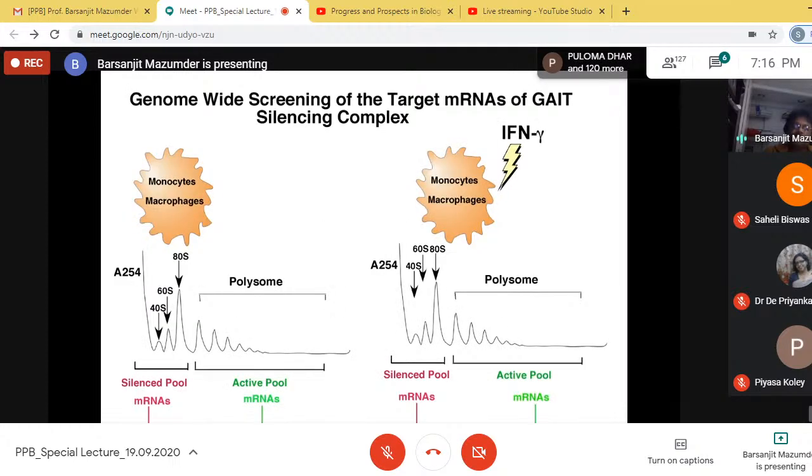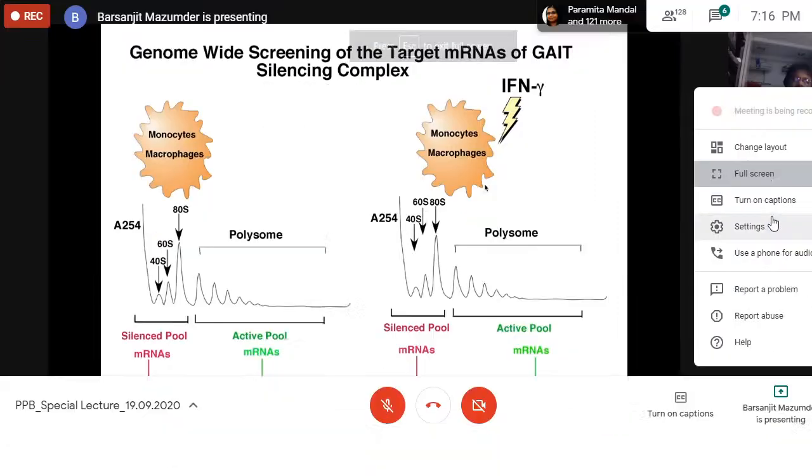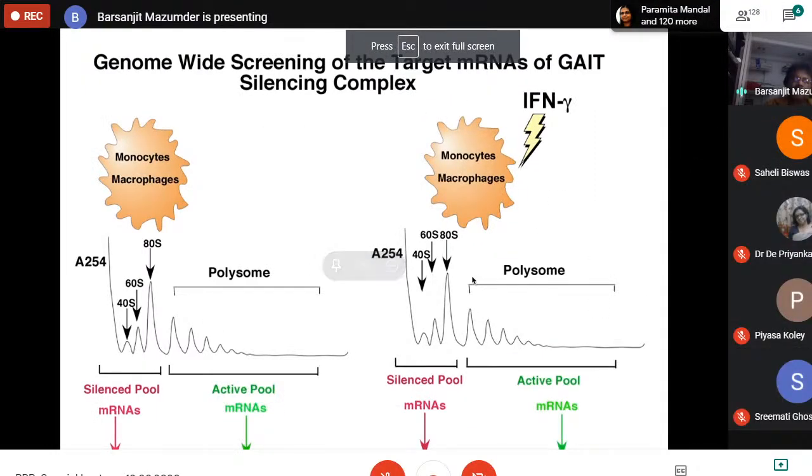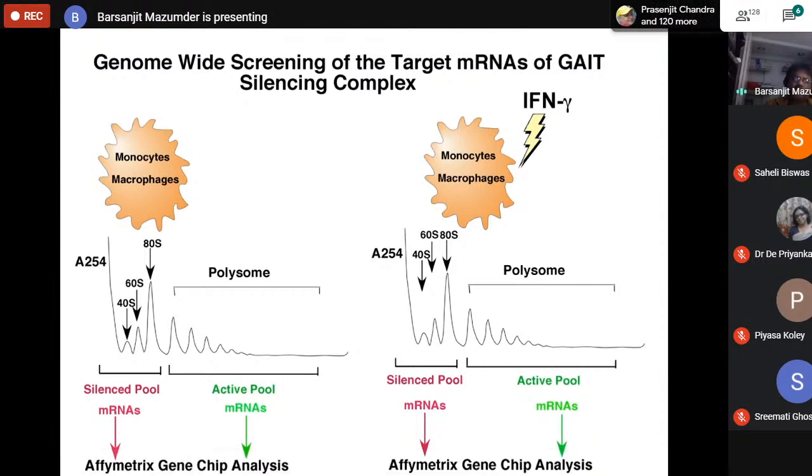The way we did it is a very unbiased approach. We treat immune cells with interferon gamma, then make lysate and resolve it by sucrose density gradient, to separate the translationally active pool of mRNA from the inactive pool. How?